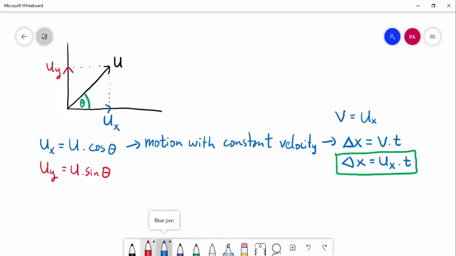And next, the vertical motion is accelerated motion. So we will have three formulas from accelerated motion that I mentioned in the last video. We have velocity equal to, because this is the velocity of y, we add y here, and for the horizontal we add x.